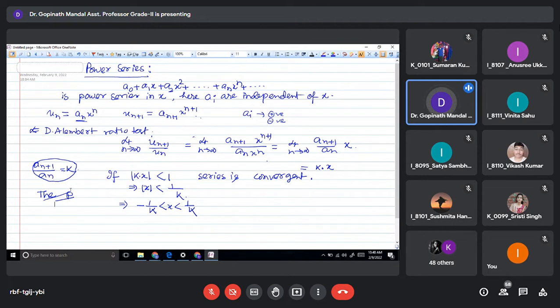So the power series is convergent if minus 1 by k less than x less than 1 by k.